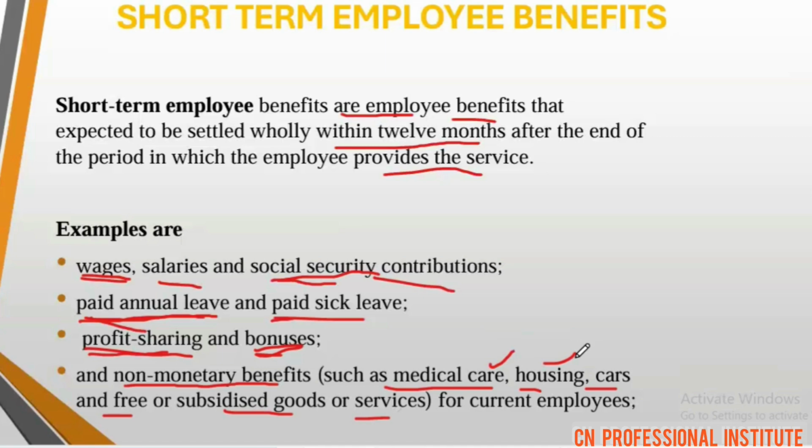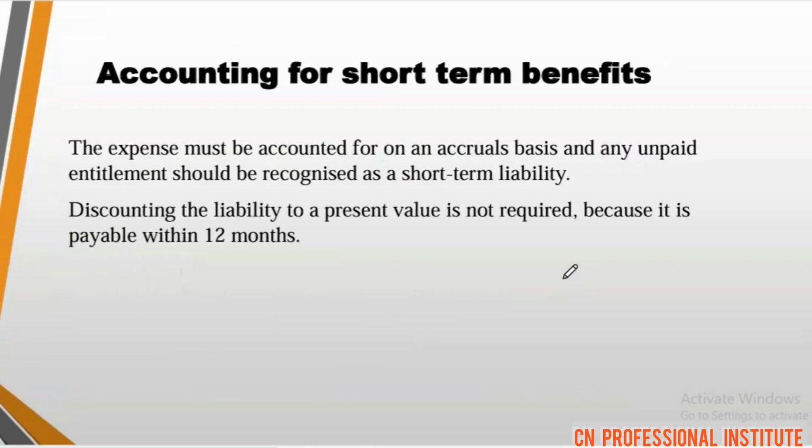That's why in taxation we look at them as benefits in kind. They are all covered by IAS 19 Employee Benefits, right? So these are examples of short-term employee benefits.